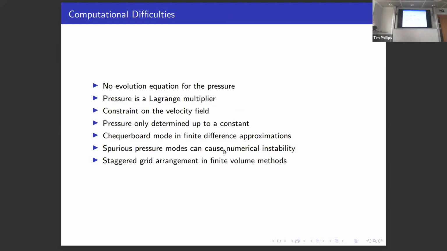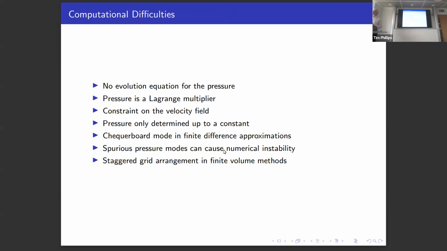Let me begin by describing some of the computational difficulties associated with solving both the Stokes and the Navier-Stokes equations. The first thing is that there is no evolution equation for the pressure.